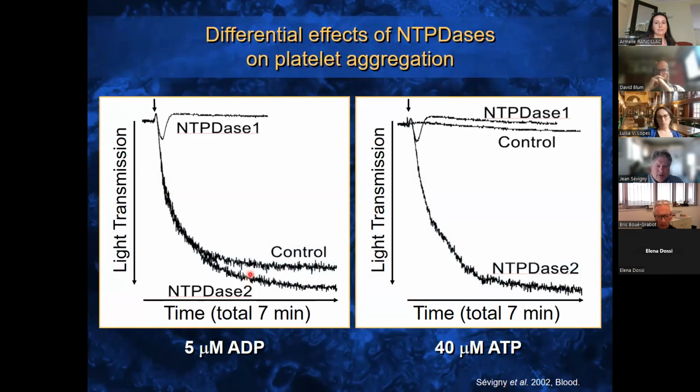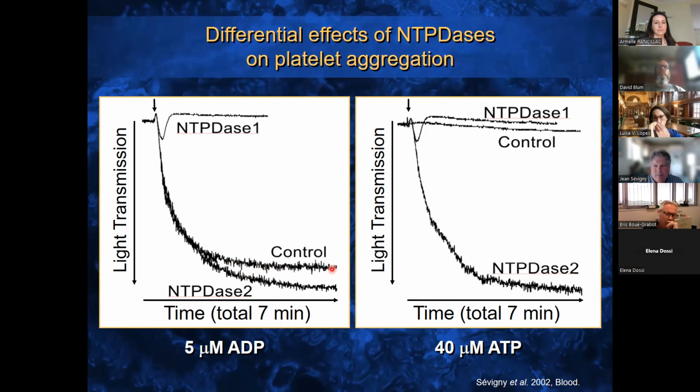When you add ADP to platelet-rich plasma, this will aggregate platelets very well. Indeed, platelets express P2Y1 and P2Y12 that both respond to ADP, and both of these receptors are necessary to get an aggregation. If you block P2Y1 or P2Y12, there will be no aggregation.